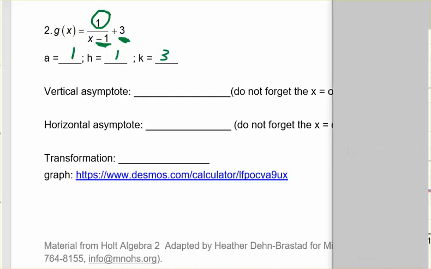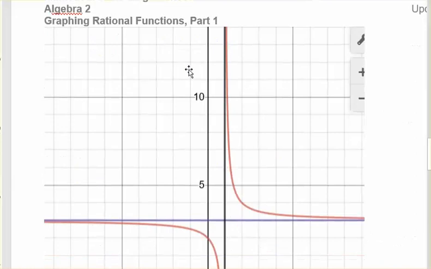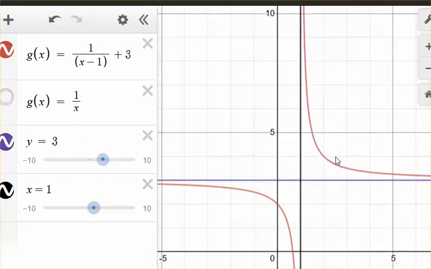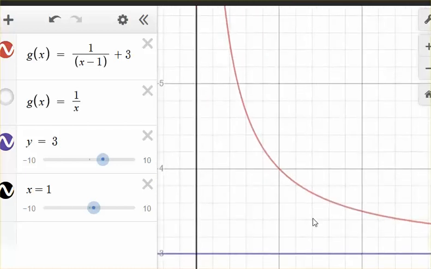The graph needs to include both branches. If your graph is so zoomed out that it looks like it's just on the X or Y axis, or if it's so zoomed in that you can only see part of the graph, then that would not be correct. Let me show you what that would look like. If you were so zoomed in that I only saw a piece of it, that's not correct. That does not show the whole graph.